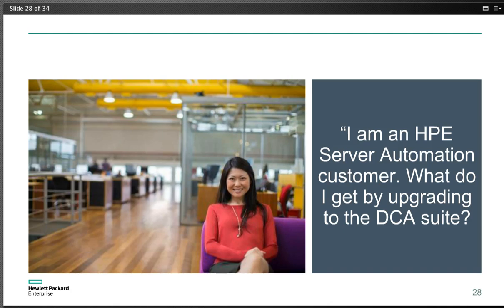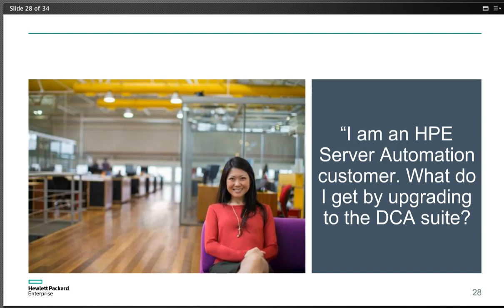Yeah. So actually, a large majority of our install base in infrastructure automation is server automation customers. Three key things that DCA brings to these server automation customers.